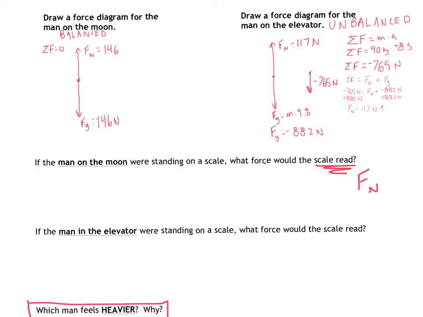So we need to look at what the normal force would tell us for the man on the moon. So the man on the moon has a normal force of 146 newtons. So the scale would read 146 newtons.